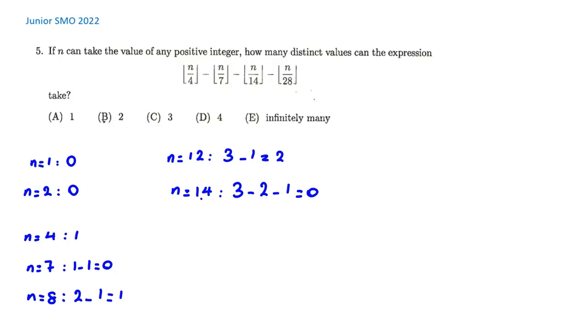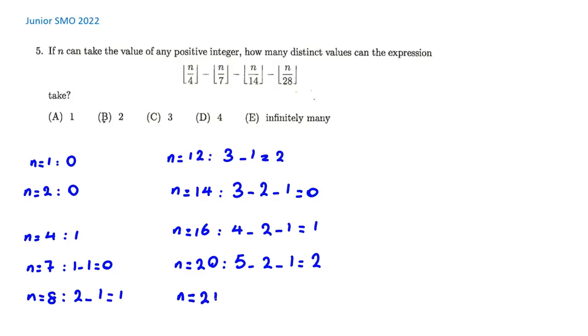Now the next number that is a multiple of at least one of them is n=16. n=16 will be 4 minus 2 minus 1, which is 1. Then n=17, 18, 19, 20. 20 is a multiple of 4, so let's consider n=20. It will be 5 minus 2 minus 1, which is 5 minus 3, 2.